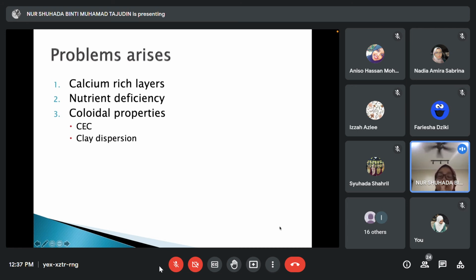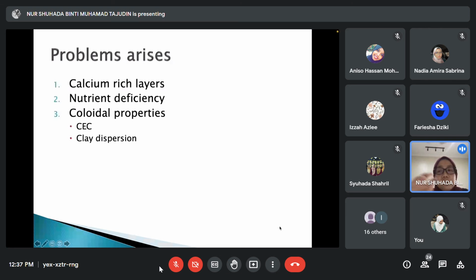First, we have calcium-rich layers. Number 2 is nutrient deficiency. Although calcium and magnesium are high, we have other problems, for example in micronutrients like zinc, copper and chromium, which need slightly acidic conditions, but at high pH these nutrients are not available.